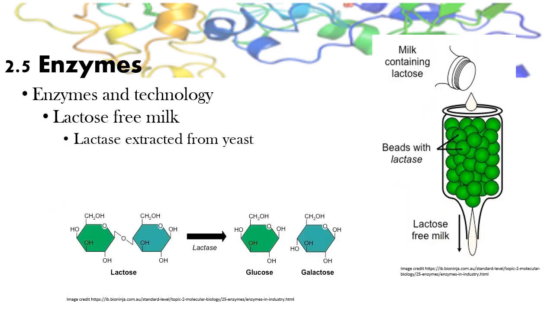Here's an amazing example of how we can use enzymes. So these beads have immobilized lactase enzymes on them. We're going to take regular old milk that has milk sugar, lactose in it, and we're going to pour the milk into this flask, and it's going to roll around the beads as it drips through the flask.